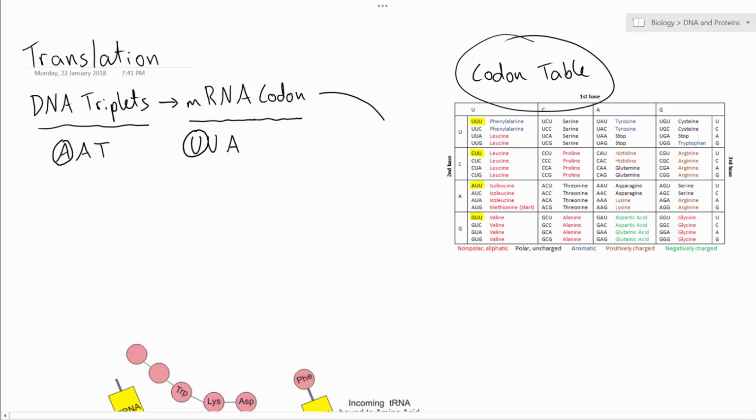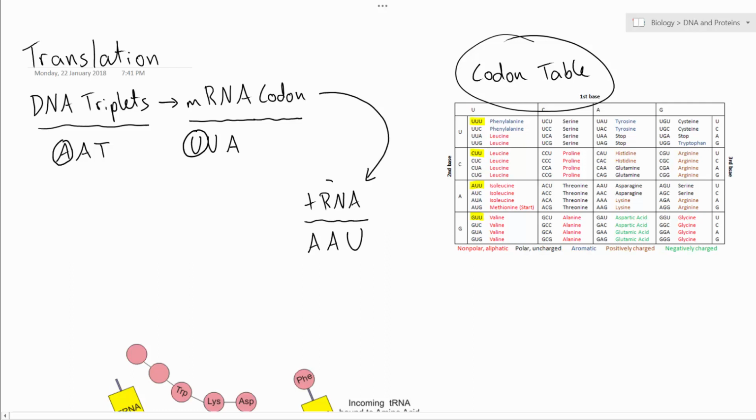Now, our next step involves something called tRNA. tRNA is going to be involved once we read what is on the mRNA codon out in the cytoplasm. And tRNA also works in a complementary fashion when binding to the mRNA. So the bases that are complementary to UUA are going to be AAU.